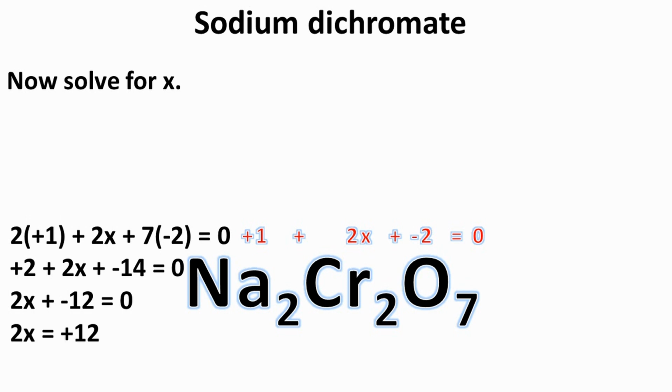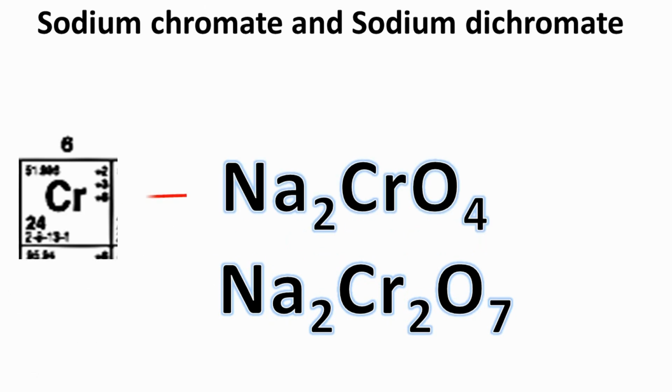And 2x is equal to +12. Solving for x, x is equal to +6. After solving for x, the oxidation number for chromium in both compounds will be +6.